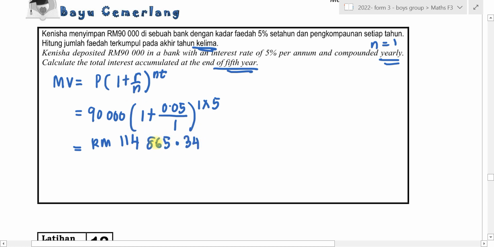This is total saving, correct or not? So you want to find the interest, take the total saving minus the principal, correct or not? Very good. Interest equals total saving minus the principal.